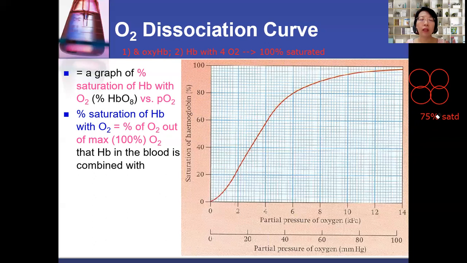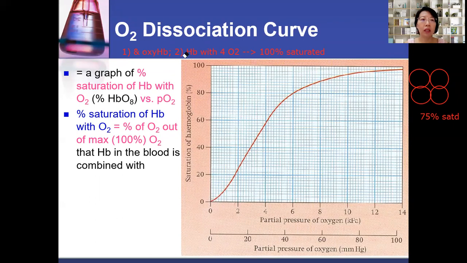The more accurate one is: out of the total maximum oxygen that all our hemoglobin can carry, which is 100%, how many percent of oxygen is our hemoglobin carrying now? That's the most accurate one.